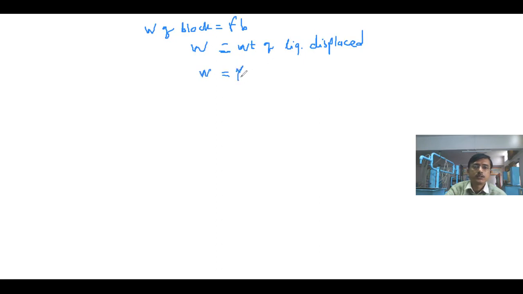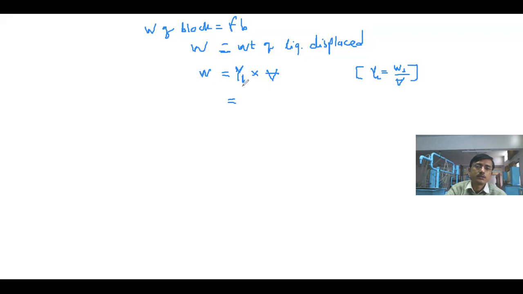So here we can say it is equal to the weight density of the liquid multiplied by the volume of liquid displaced. Because weight density is equal to weight of the liquid divided by volume of the liquid.